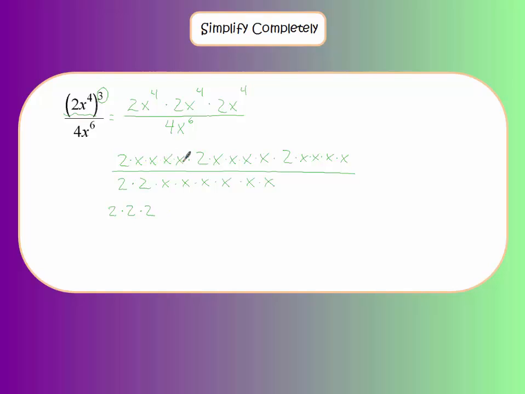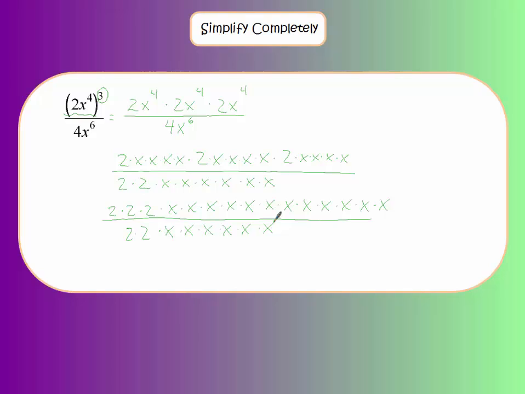I have 1, 2, 3, 4, 5, 6, 7, 8, 9, 10, 11, 12 x's in the top. And in the bottom, I have 2 times 2 and 6 x's. 1, 2, 3, 4, 5, 6.